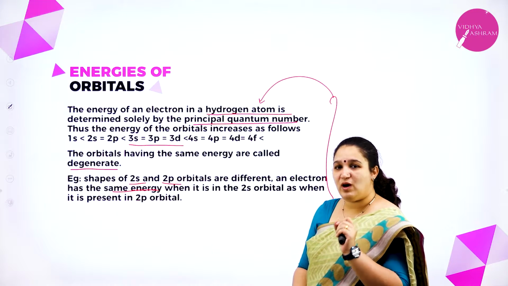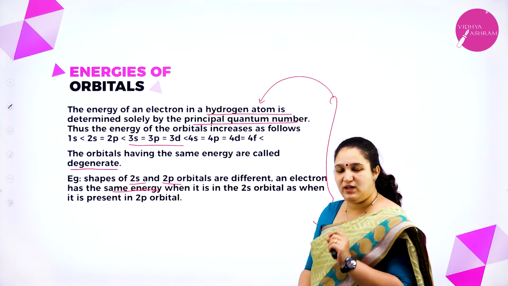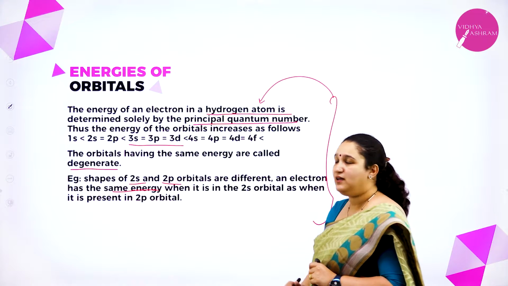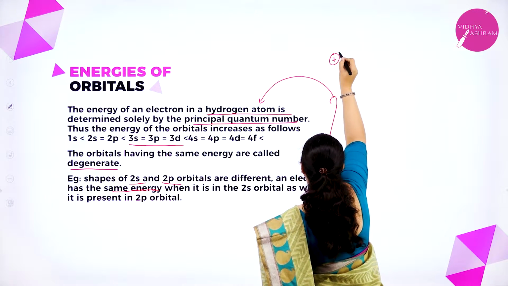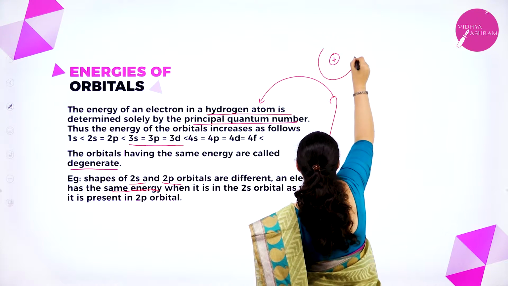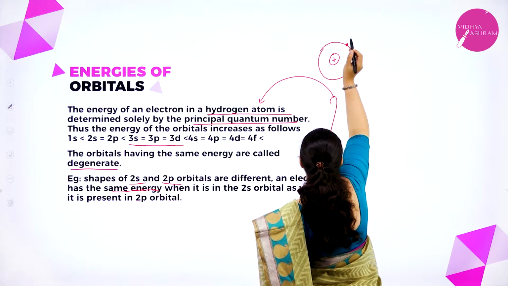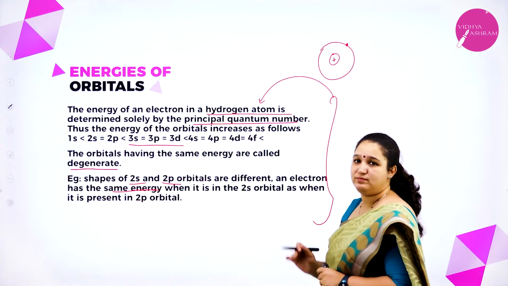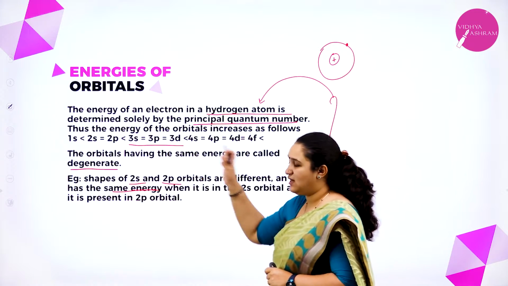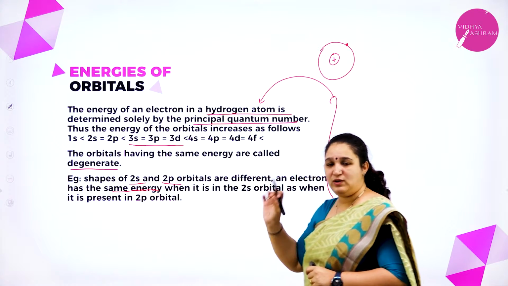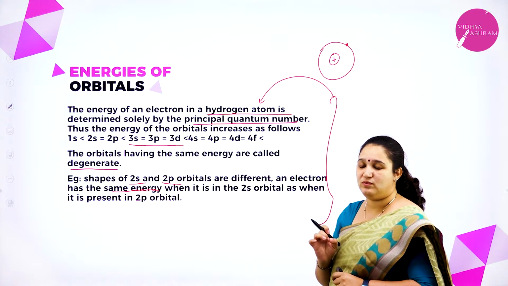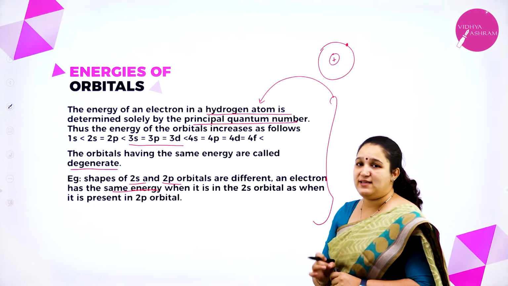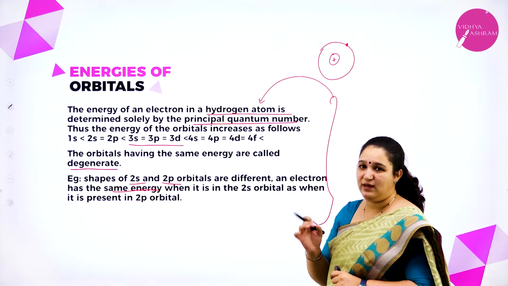In hydrogen atom how many electrons are present? Only one electron is present, correct? So in hydrogen atom, if you see, this is the nucleus which has got one proton and the first shell has got one electron. That's all. Rest all the shells are empty. Only in the first shell, the 1s orbital, has got one electron.